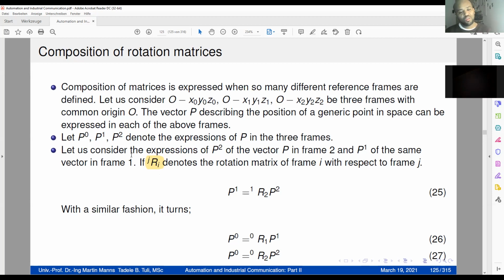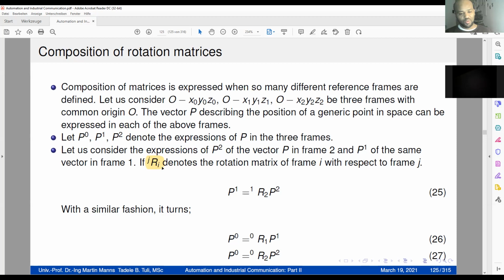So if you have JRI, then IRJ is the inverse of JRI. This is the inverse, or it is the reverse motion. While you are moving from I to J, you are moving from J to I. That's what it means, so the order matters.